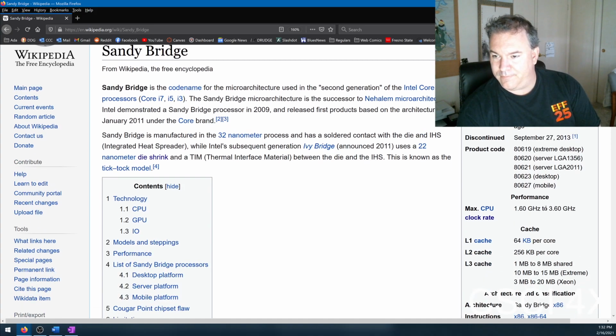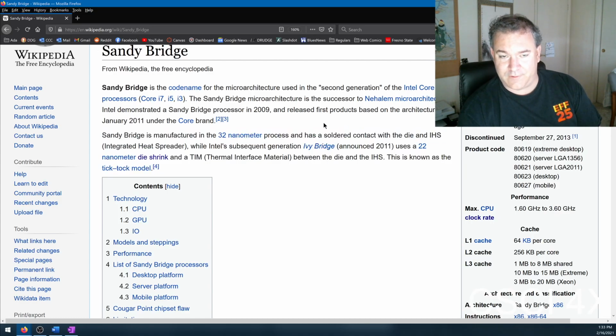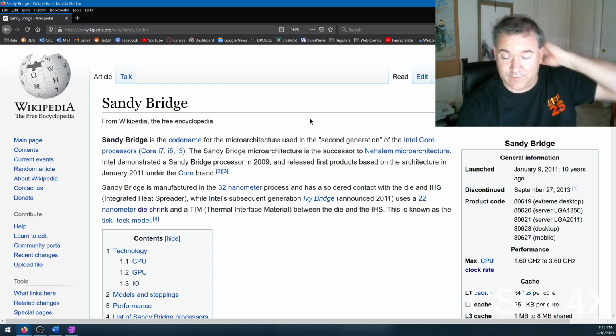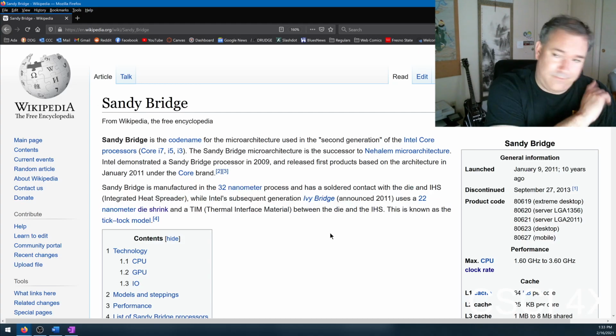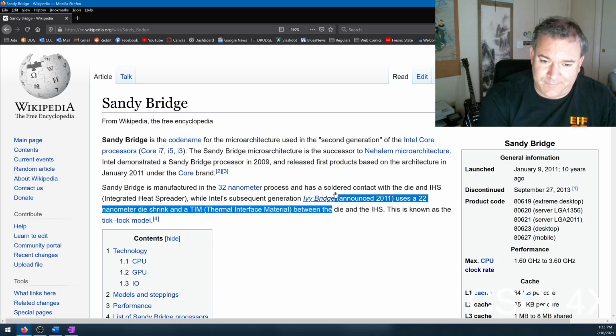And honestly, if you used an Ivy Bridge or a Sandy Bridge CPU today, you wouldn't notice any difference. I know that because I had a Sandy Bridge for 7 years, and then I upgraded to this Core i9 that I have, and it didn't make any difference.